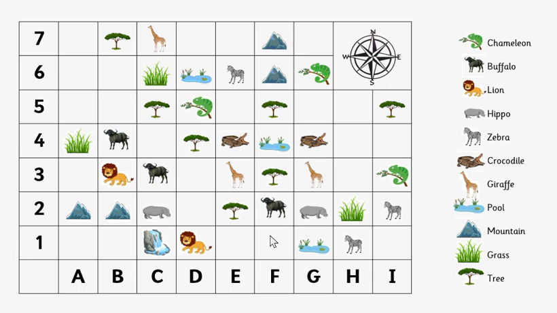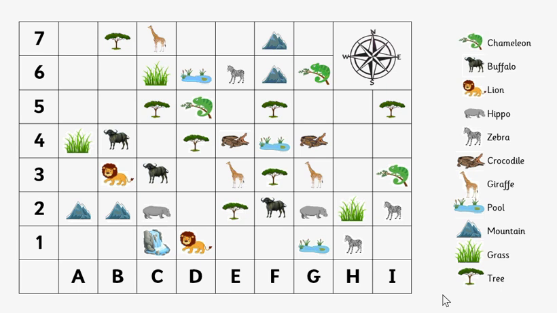Make a quarter turn clockwise. Well, if I'm facing north and I go clockwise, a quarter, I face east. So I'm facing across this way. Go forward 2 spaces. 1, 2. Remember, this is forwards because I'm facing this way. 1, 2. You should have landed on the zebra.